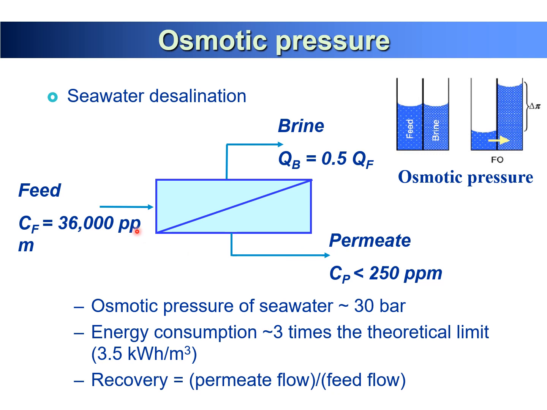So this is the osmotic pressure, 30 bar here, and then your osmotic pressure is almost 60 bar in the brine, because this is 50% recovery. So energy consumption is 3 times the theoretical limit, 3.5 kilowatt hour per cubic meter. So reverse osmosis recovery can be calculated based on permeate flow over feed flow.